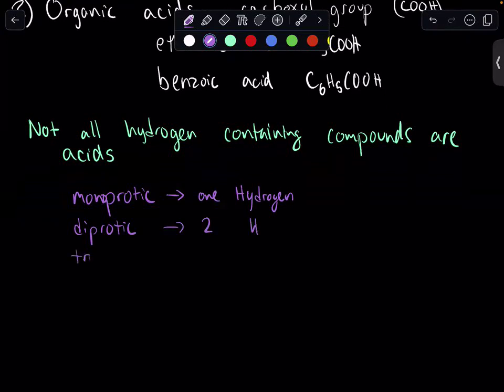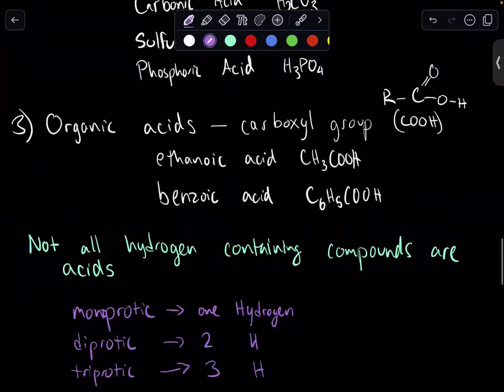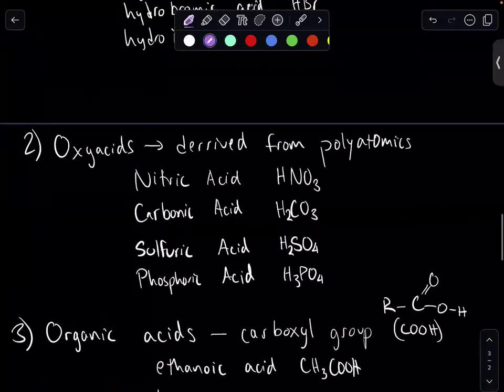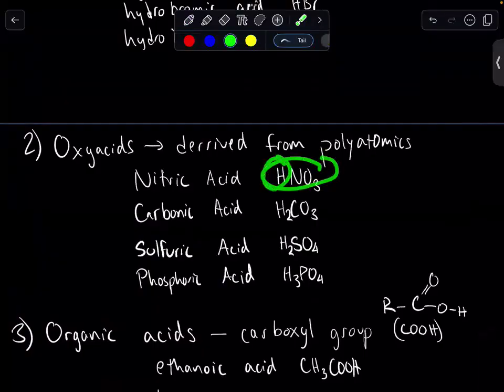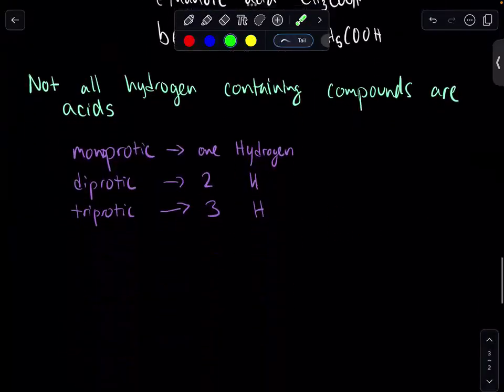We could have triprotic, which would have three hydrogens. If we look at our examples from above, just looking at our oxyacids, nitric acid would be monoprotic as it only has one hydrogen to give. Carbonic and sulfuric would be diprotic as they both have two hydrogens to give. And phosphoric would be triprotic, having three hydrogens to give.